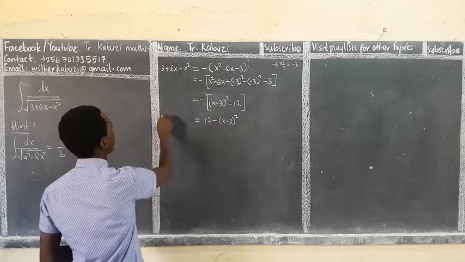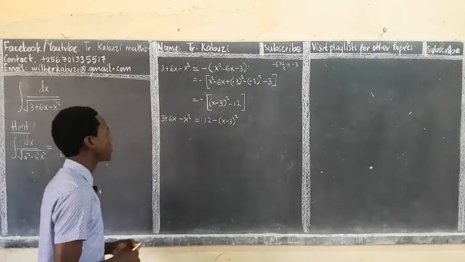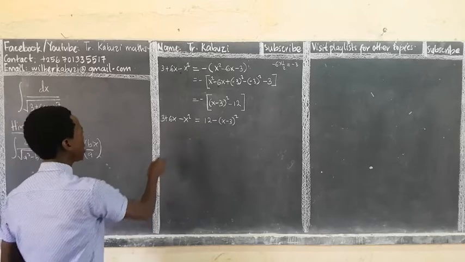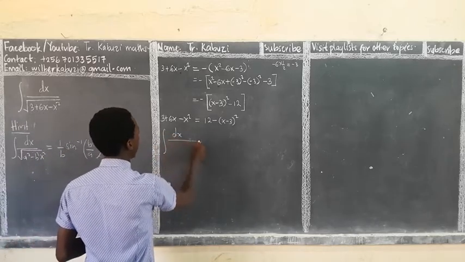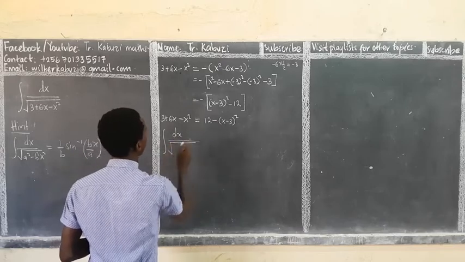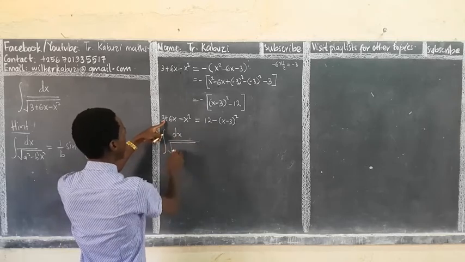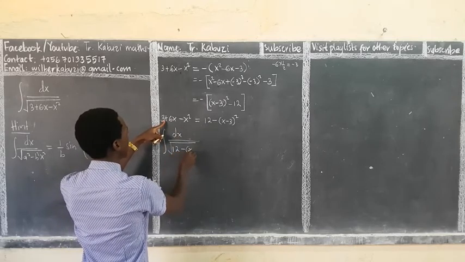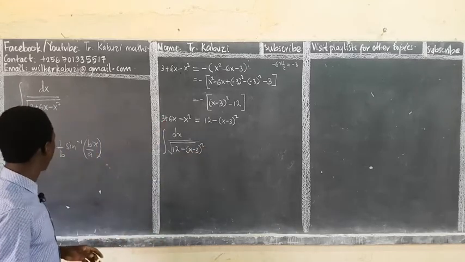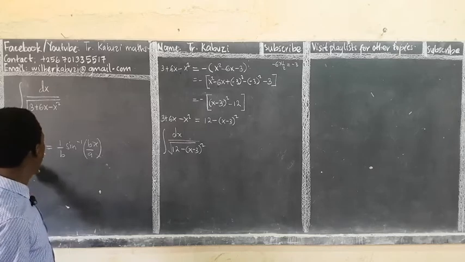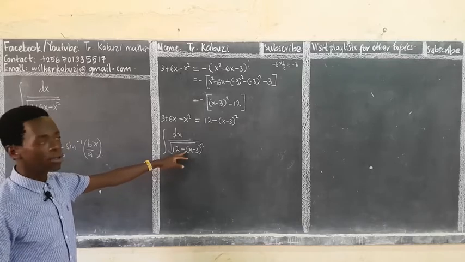So meaning the whole of 3 plus 6x minus x squared is equal to that. Implying that now my integral dx over root of 12 minus x minus 3, the whole squared. You see, to have this, we need to have a square here. This one works if this one has a square. Here it is 1 squared, which is okay.